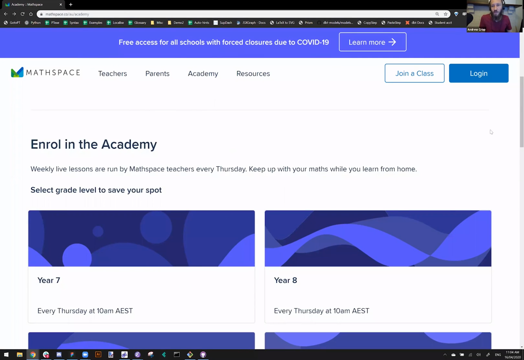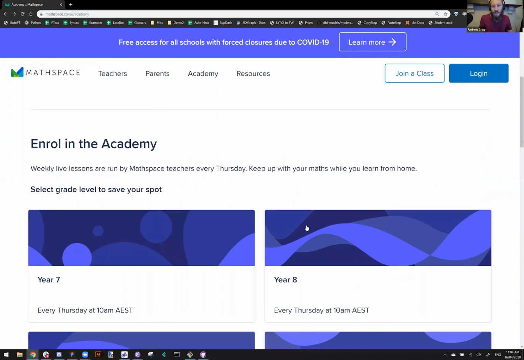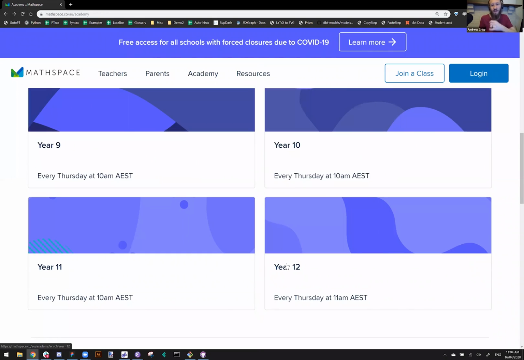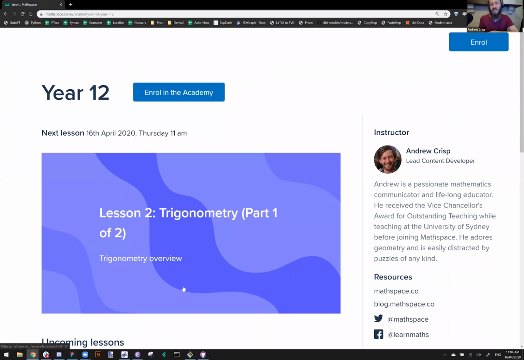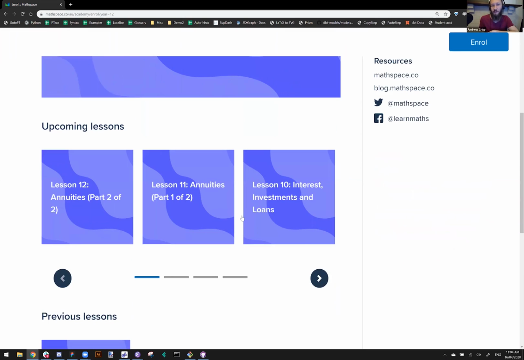Here we go. So there's my face there. And then if you go to year 12 and click into year 12 here, this is what we're doing today. We're doing trigonometry. And you can see down here, networks, if you want to view that recording. So everything's recorded, and you can see sort of what's coming up. Seems to be in reverse order, but I'm sure you'll figure it out.